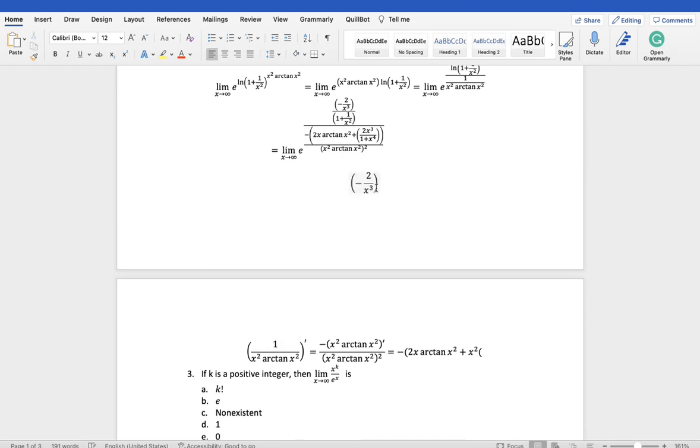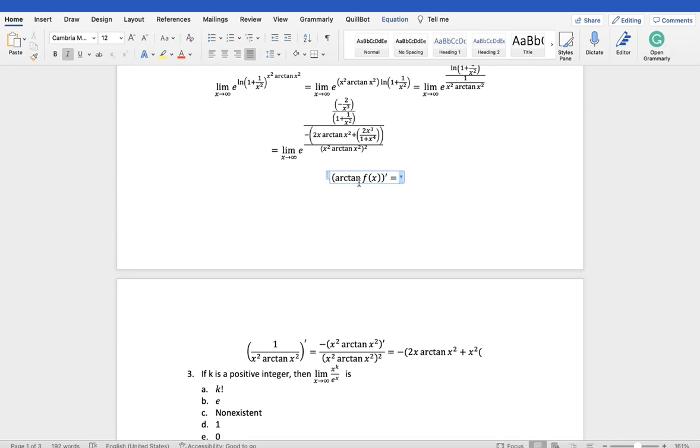When you're looking for the derivative of arctan of some function f of x, this function can be anything, okay? When you're looking at the derivative of this, you go from outside first. The derivative of arctan, you can use the chain rule.